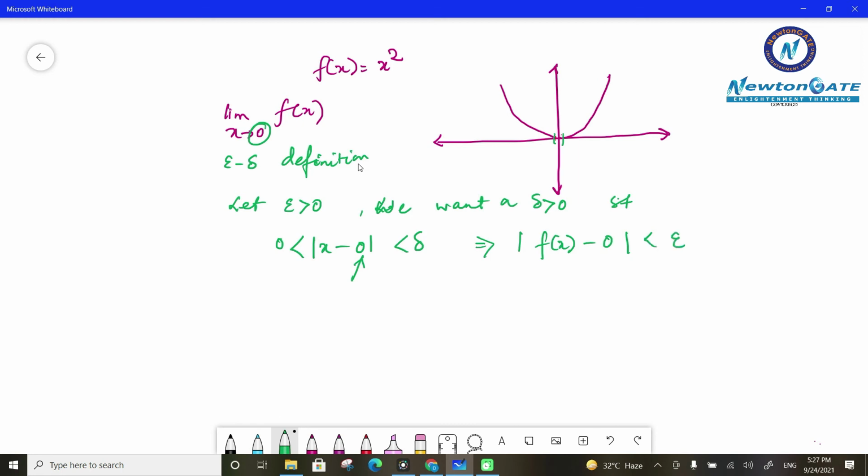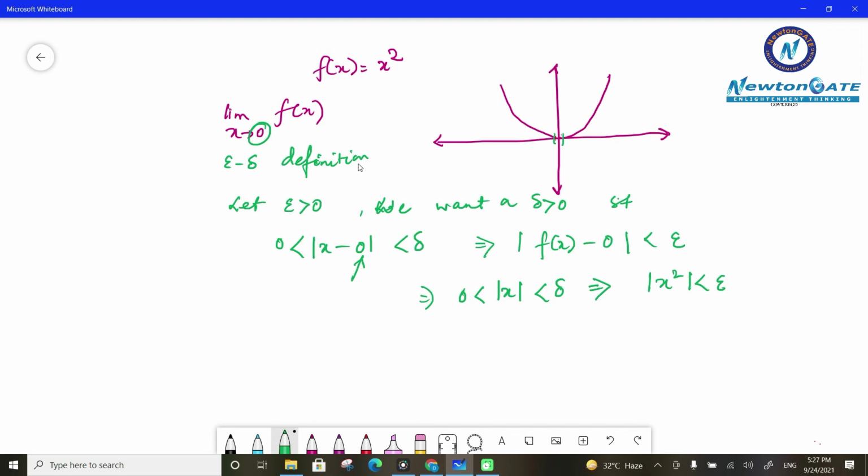So mod x is less than delta, and from here we can say that fx, that is the x square, is less than epsilon. Okay, so this just by the definition of epsilon and delta we have got.